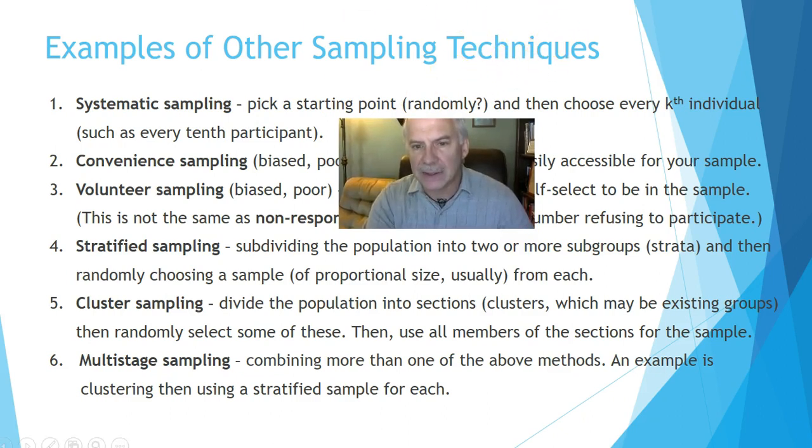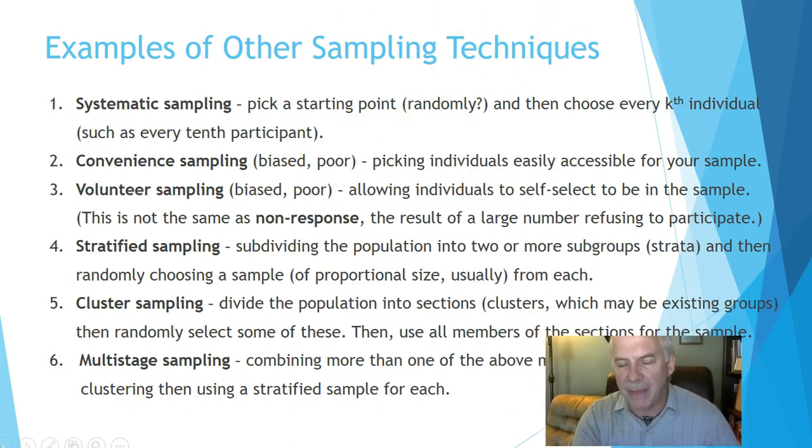Now, some sampling methods or techniques that are either pretty good or somewhat good or not a good situation are listed here on this page. First is called systematic sampling. This is where you pick a starting point, some random starting point in a list, and then you choose every kth individual, such as every 10th participant.